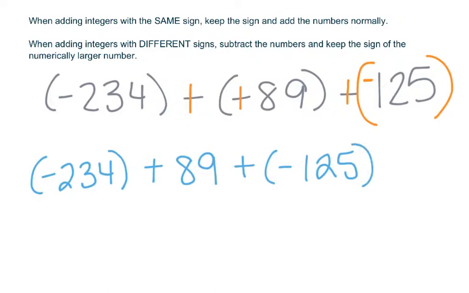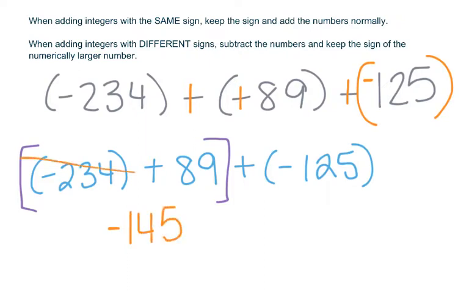Well, if you look at just these first 2 numbers first, okay, so start with just the first 2 numbers. They have different signs, so you're going to subtract them, and you're going to keep the sign of the bigger number. Now, 234 is bigger, so your answer is going to be negative. 234 minus 89 is 145.